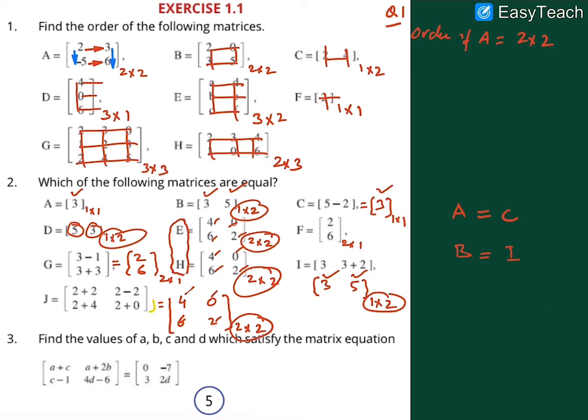So E has 4, 0, 6, 2, H also has elements 4, 0, 6, 2, and J also has 4, 0, 6, 2, and the order of all these three is also the same. So we can say E is equal to H and equal to J. All three matrices are the same.